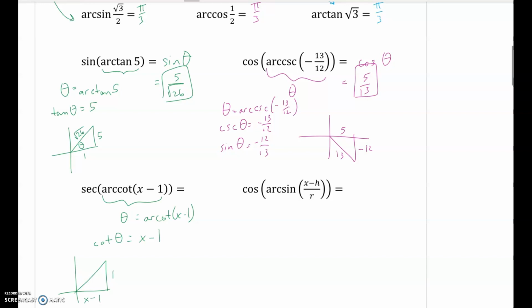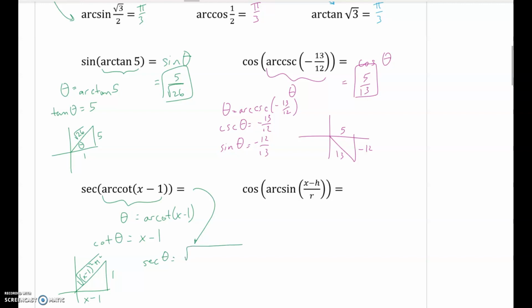And then we use the Pythagorean theorem once again. And don't get too fancy with this. We've got to square the x minus 1, and we've got to square the 1. Now, if you feel like expanding that out, that's great. But you don't have to. You can just leave it like that. So now that we take the secant of this crazy angle, secant is the reciprocal of cosine, so we're going to take that hypotenuse and put that on the top.